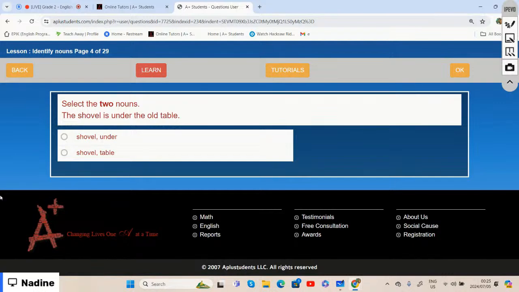We need to select the two nouns. The shovel is under the old table. Is it shovel and under, or shovel and table?